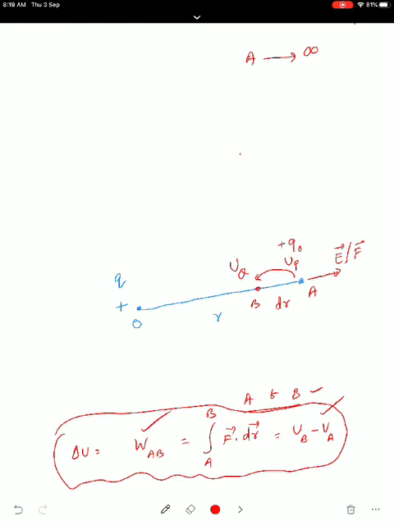So the potential energy at infinity is taken as 0, reference point. So from the point A, then you take a charge Q naught to the point B. This is the close by distance. So now A is taken to infinity.